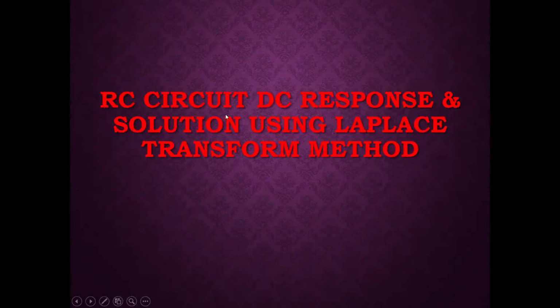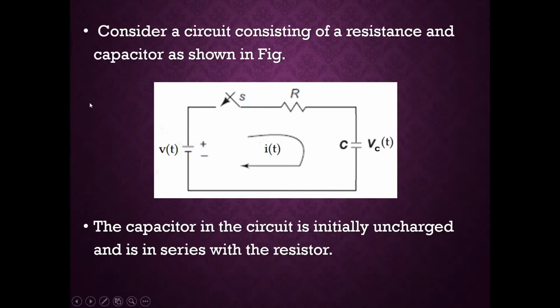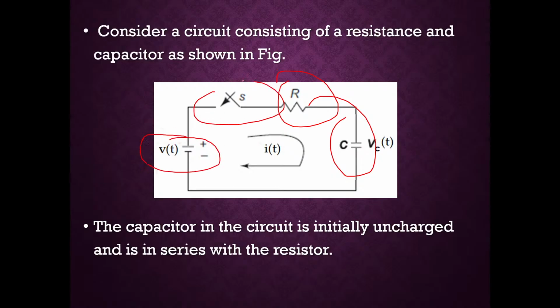So RC circuit, DC response and solution using Laplace transformation method. Okay, so same pattern will not change. So here there is an R and C circuit, R and C connected in series across a DC voltage source and a switch.